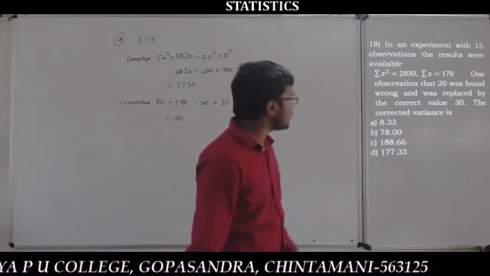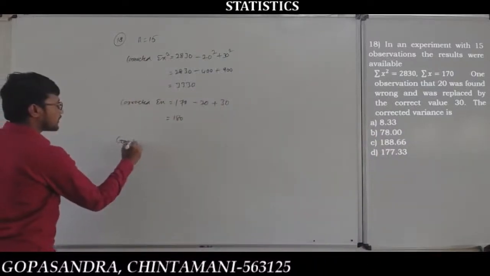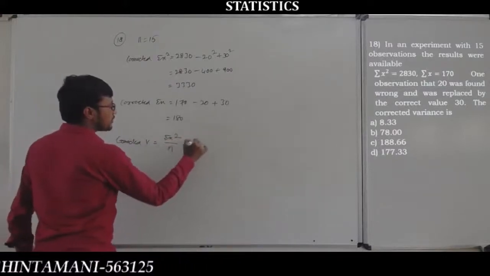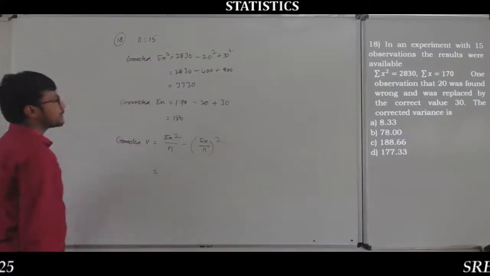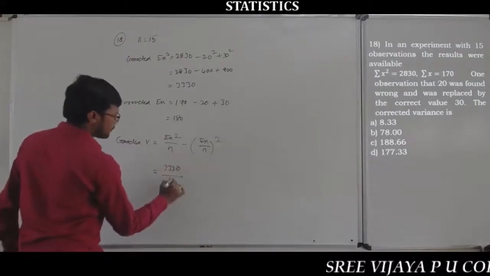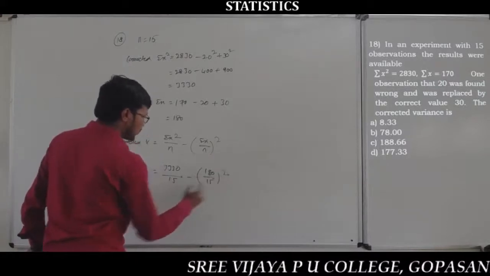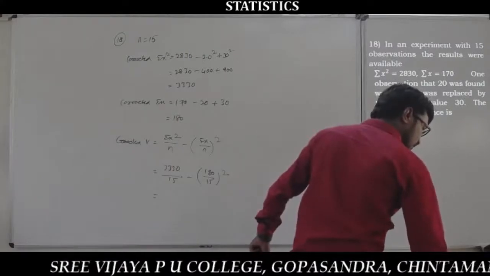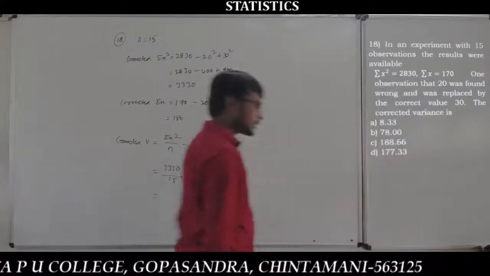So next, what can we find? We can find the corrected variance. Corrected variance will be equal to summation of x square corrected by n minus summation of x corrected by n, whole square. What is summation of x square corrected? 3330. n is 15. What is summation of x? 180 divided by 15, whole square. So 3330 divided by 15, you got 222.